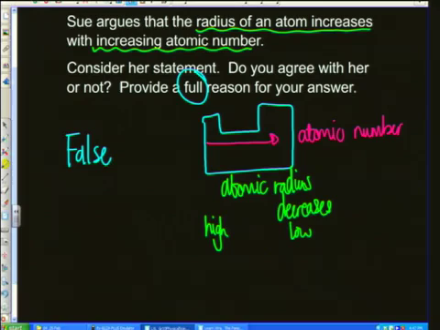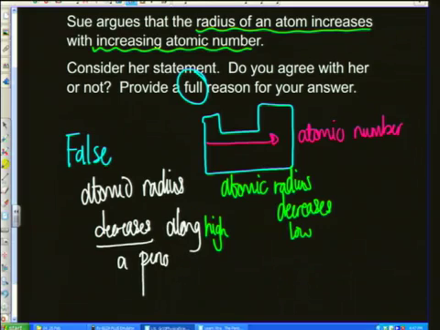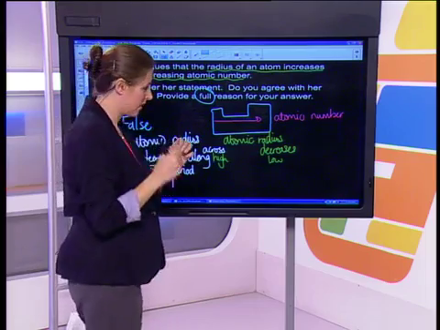And our reasoning there, and I want us to jot it down, is that atomic radius decreases, important keyword, along a period. Or maybe you want to say across a period. As you're going across, the atomic radius is getting smaller and smaller.